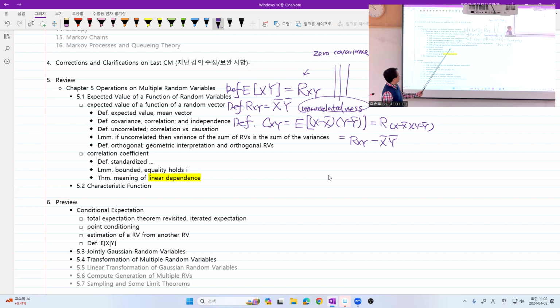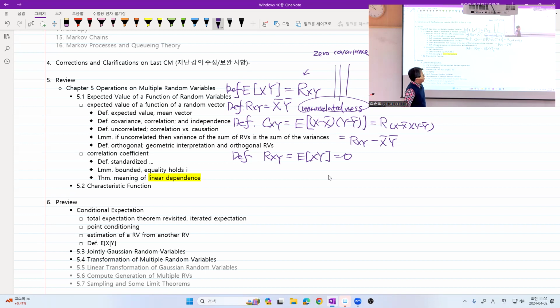We also had another definition, orthogonality. That means the expectation of the product XY equals 0. This is motivated by the geometric interpretation of the expectation of the product of two random variables.